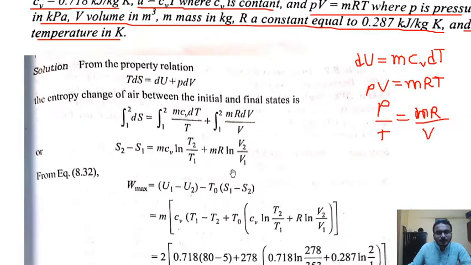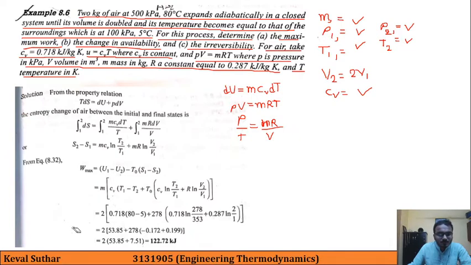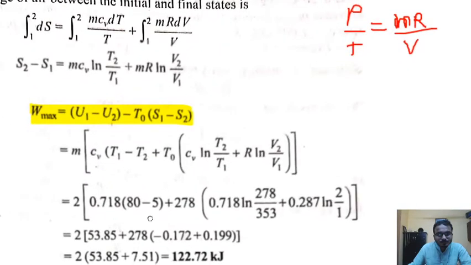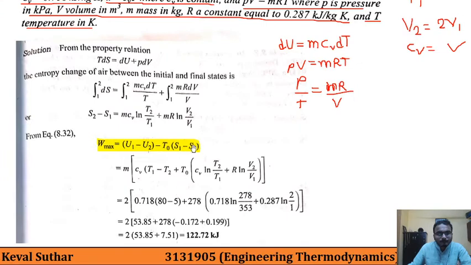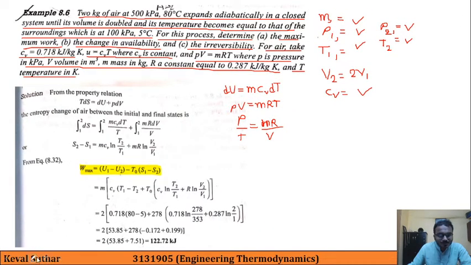Now the formula for W max is this. And if you see here, it is a negative sign, but we have put plus sign here because the formula that we are having is of S2 minus S1.